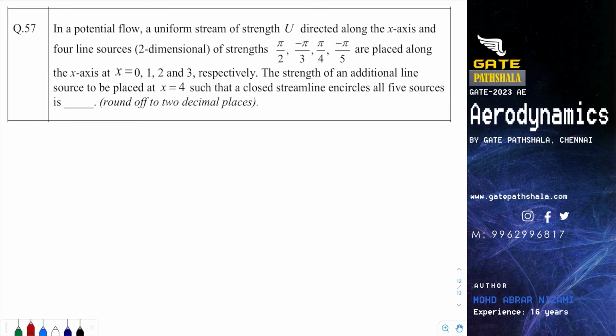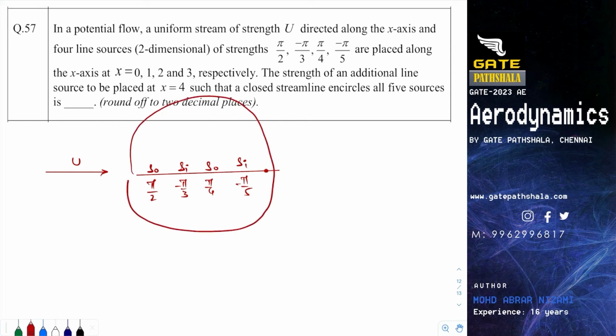So there is a superposition of a uniform flow with first a source, then a sink, then a source, then a sink, of different strengths: pi by 2, minus pi by 3, pi by 4, minus pi by 5. Now the question is, what should be kept here such that everything will get encapsulated into a circle like this?